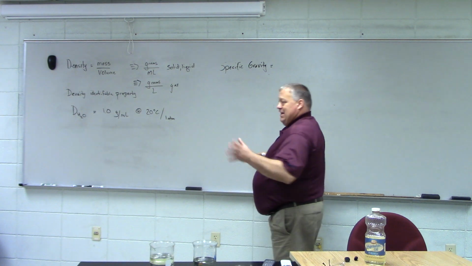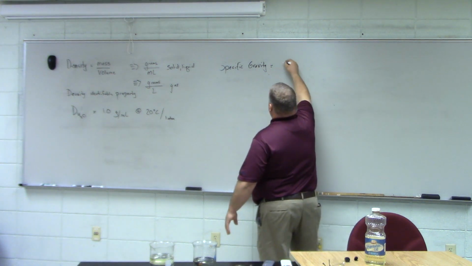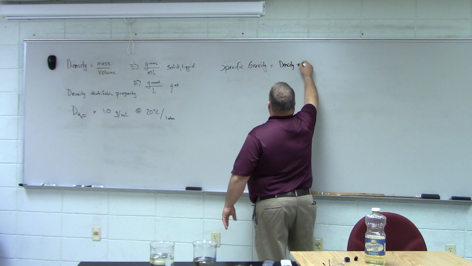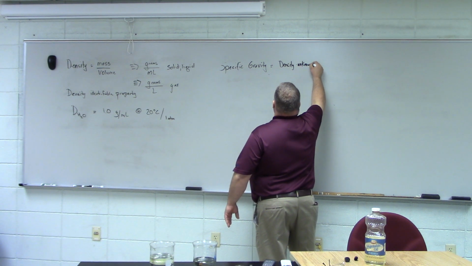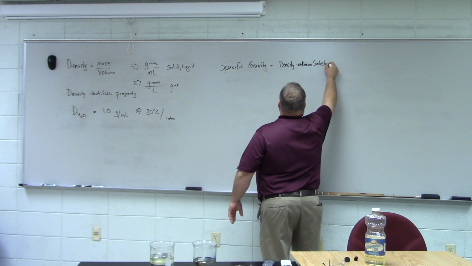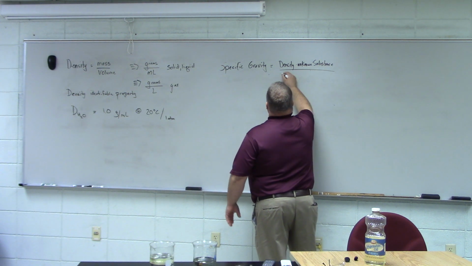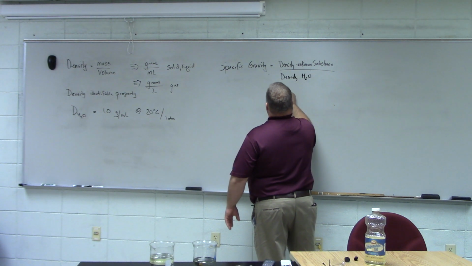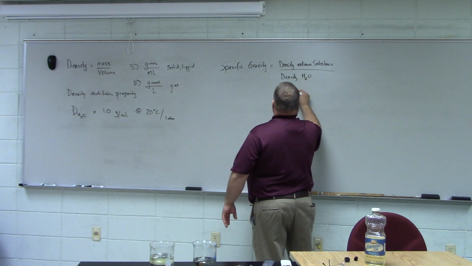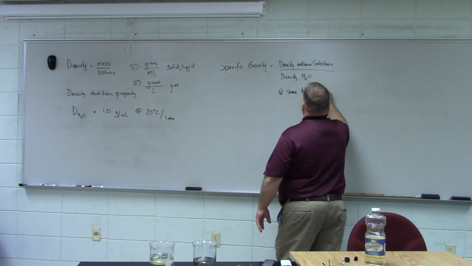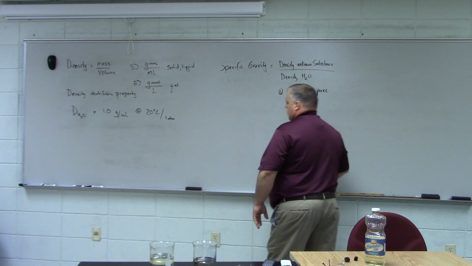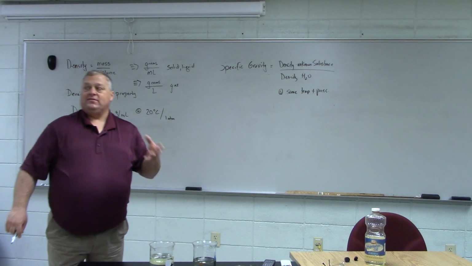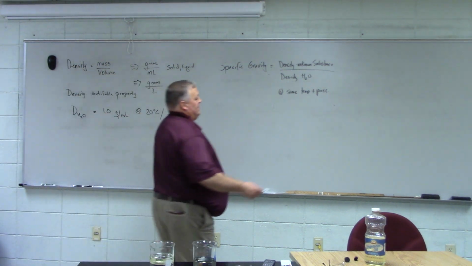Specific gravity is simply the relationship between the density of an unknown substance and the density of water at the same temperature and pressure. So what does that mean? Well, it simply means that specific gravity is nothing more than density without units.